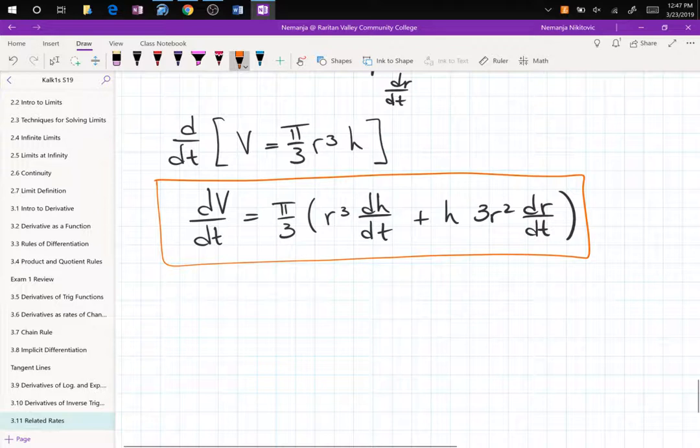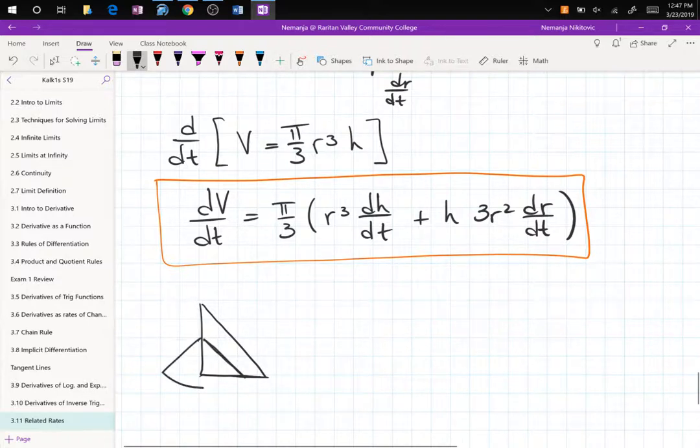If you take a look at your cone as a cross section, your cone has this situation at certain times, right? When it's a smaller pile, it looks like that. When it's a bigger pile, it looks like that. So when you draw these triangles, you see that you have radius 1 and then radius 2, and the height 1 and the height 2.